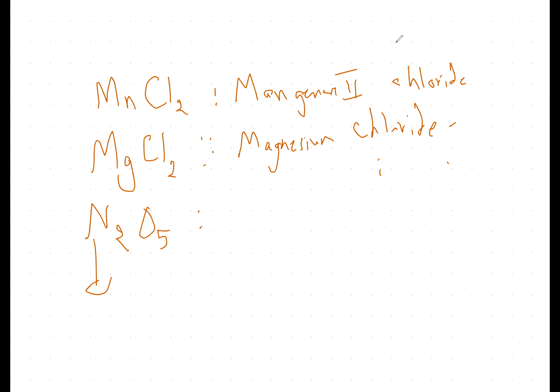This is non-metal and her friend is non-metal. Both of them non-metal. So how do we give the name? Would it be nitrogen di?